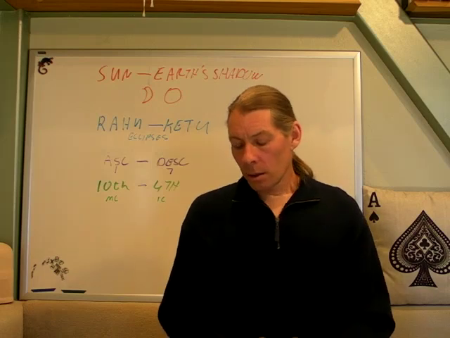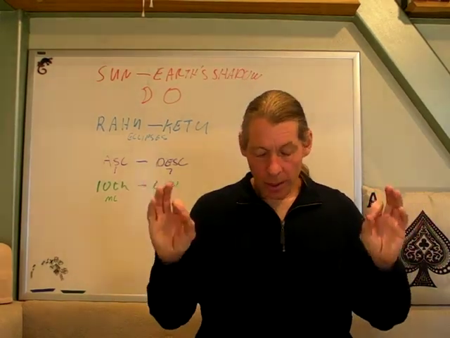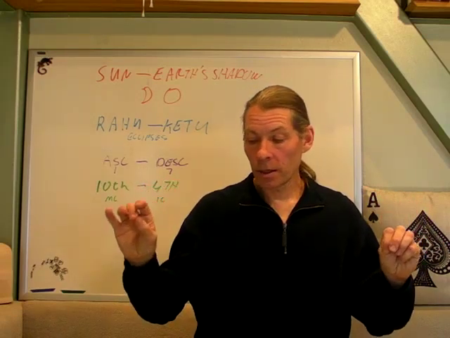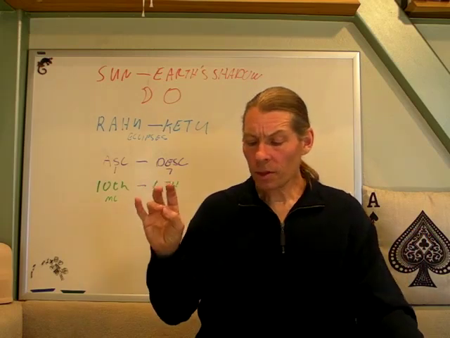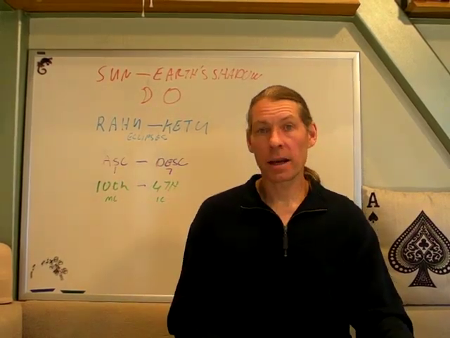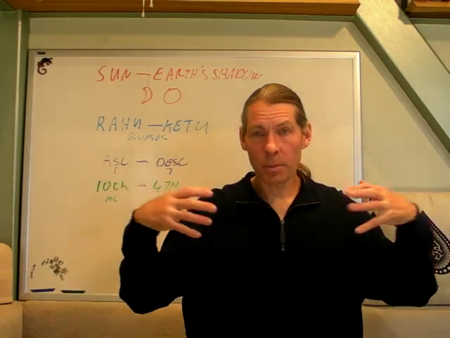Now, unlike the Sun-Earth axis triggered by the new moons and full moons, and the Rahu Ketu axis triggered by those eclipses, there's really nothing that particularly triggers these axes. These axes are not the deepest part of the psyche.